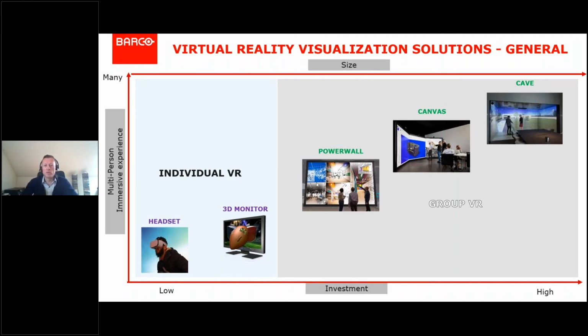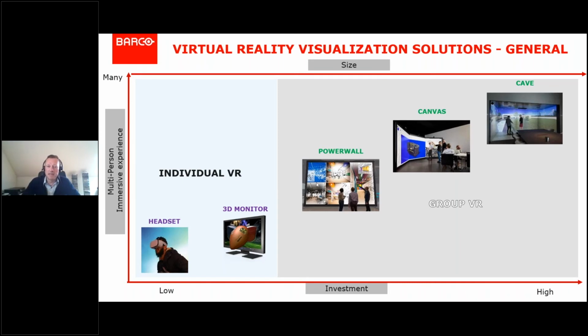I want to add also that immersiveness is achieved in the group VR solution by adding 3D depth perspective by using stereo glasses. The stereo glasses that you may have used in 3D cinema in the past are the kind of glasses used in this environment to introduce a next level of immersion, which is depth perception. So you have your field of view, which is filled, and you have an extra depth perception.